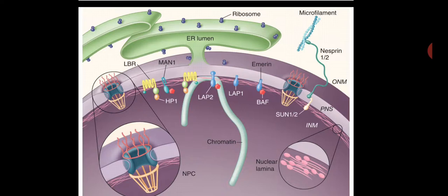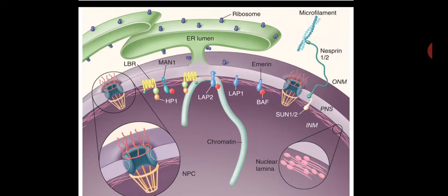So the structural protein composition of the inner membrane is completely different from the outer membrane. The inner membrane gives binding sites to the chromatin network, and it contains nuclear lamina mesh proteins to give mechanical support.